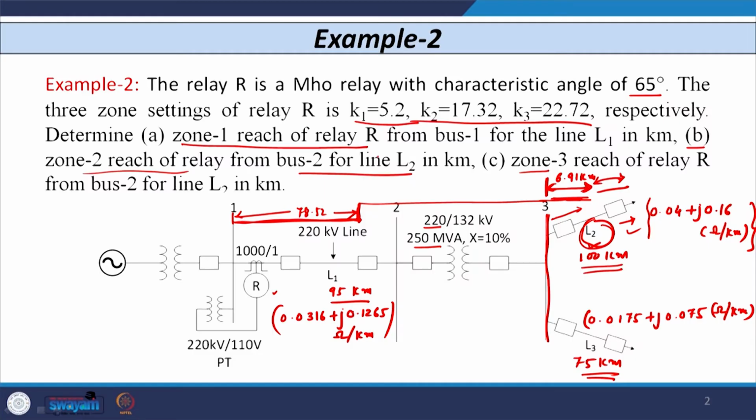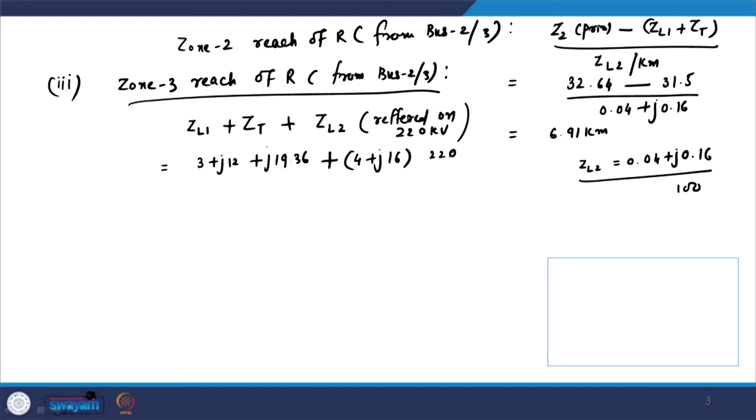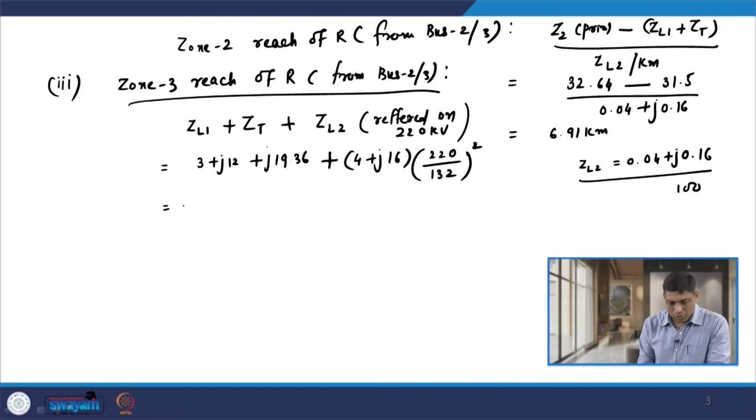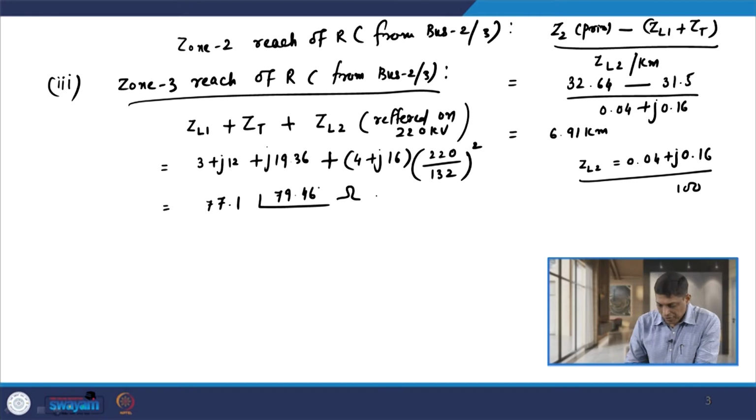So, it is multiplied by 220 by 132 whole square. If you solve this, you will get the final value, that is 77.1 at an angle 79.46 degree ohm.